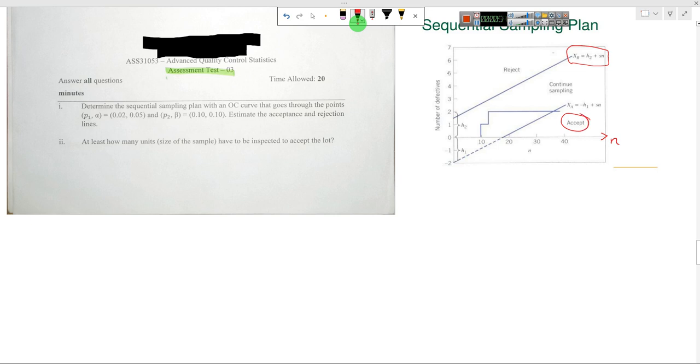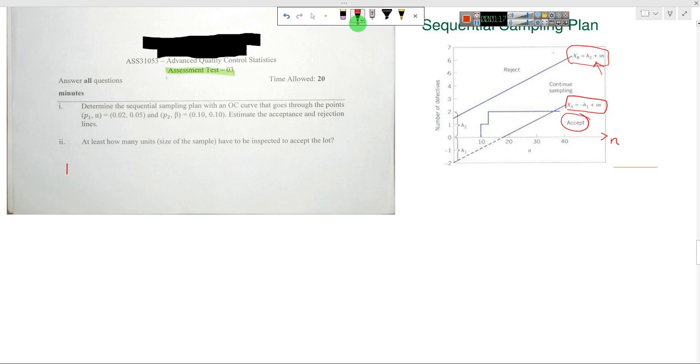Based on the sample size, we first have to find the equations for these two lines, so these are the equations that we are going to use. First let me tell them for you.